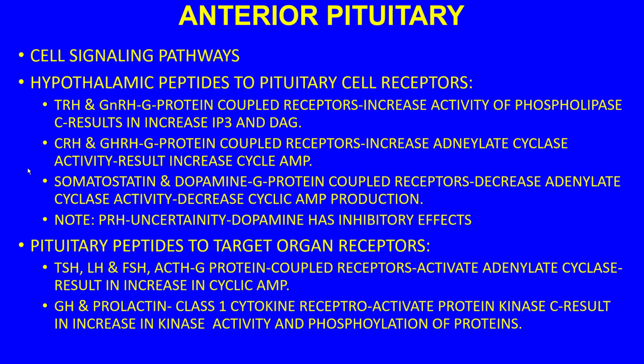Now, earlier diagrams showed you some saying all, and unfortunately this doesn't always happen. In GH and prolactin, you have a class 1 cytokine receptor, pardon the spelling, and this will activate the protein kinase C. This results in an increase in kinase activity and phosphorylation of proteins.